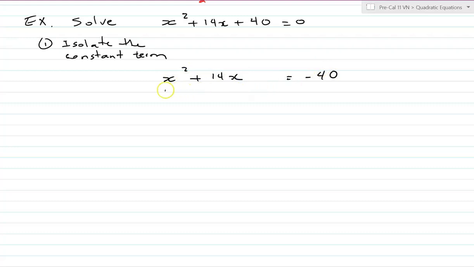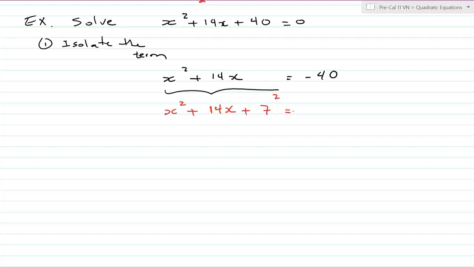Now notice that we have the same kind of situation as we just went through. We want to complete this square here to make it a perfect square trinomial. What should we add? Well, we say, okay, this is x squared plus 14x plus, and then we add half of 14, which is 7 squared here.